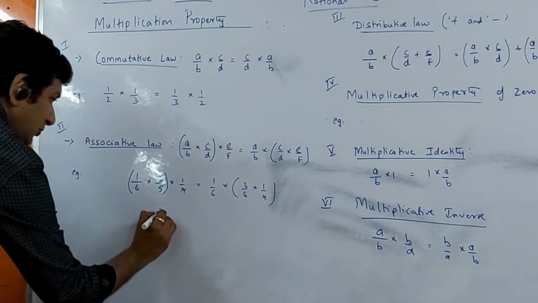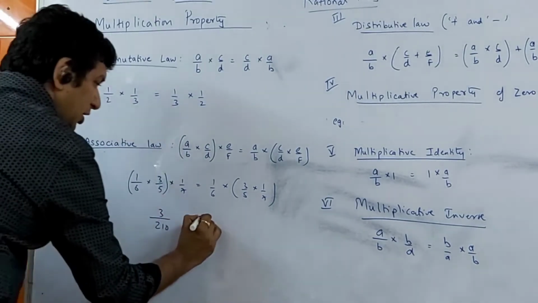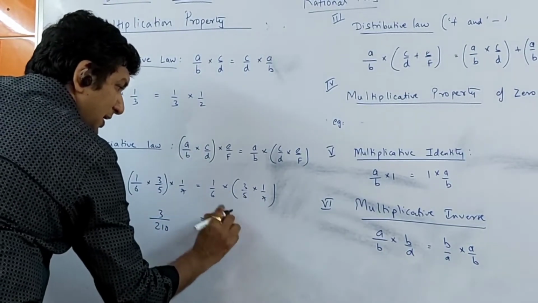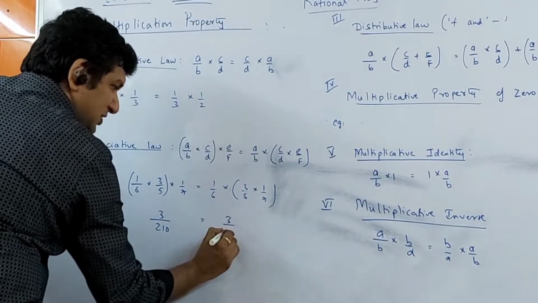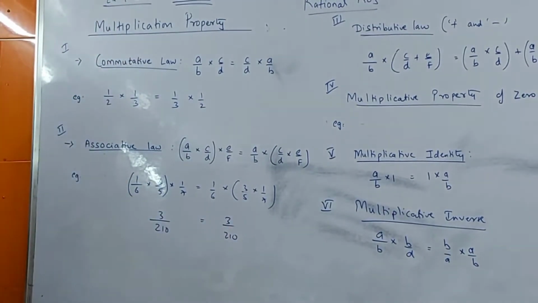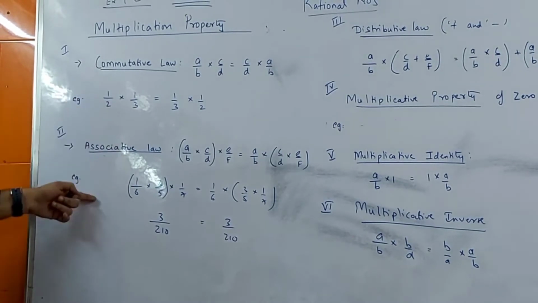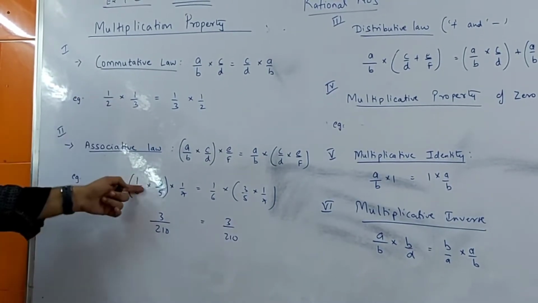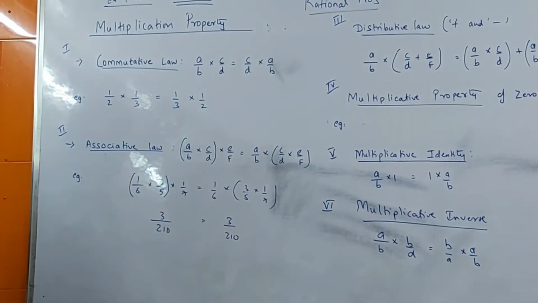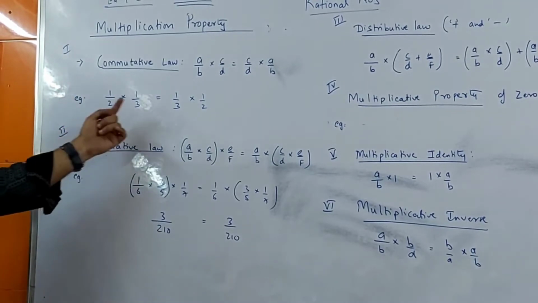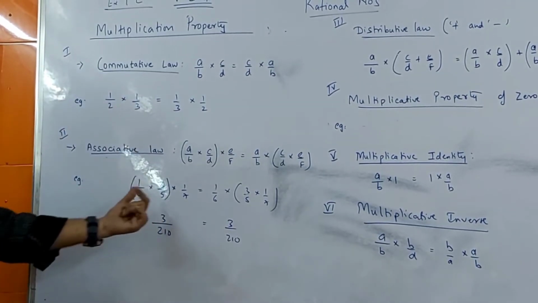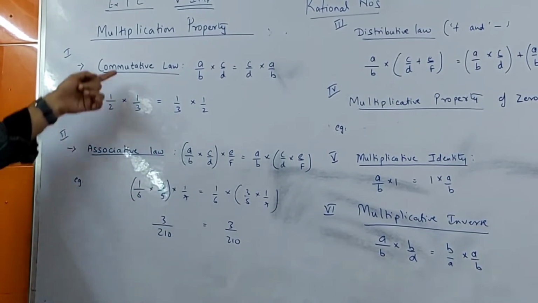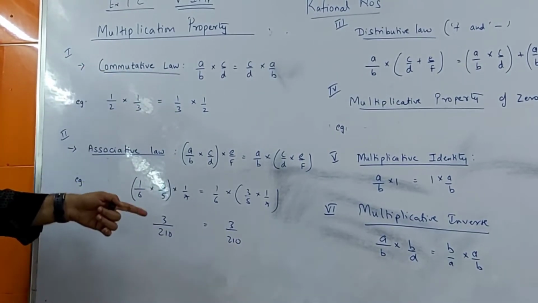That means the answer will be 3 upon 210, and here also 1 into 3 into 1 is 3 and 6 5s are 30, 30 7s are 210. So the answer ultimately will be equal. But what is common here? Both of them have only multiplication between, there is no plus and minus, only multiplication. So this first into second, when there are 2, when there are 3, then also we can write the same thing. But that was commutative, and this will be associative.